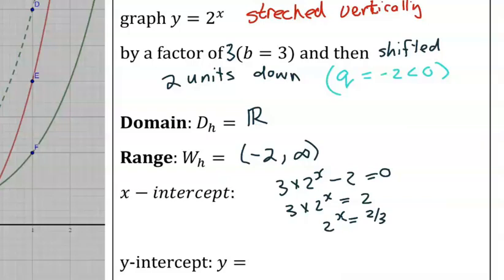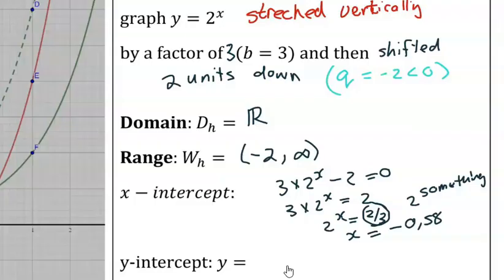If you do that, use your calculator, then you'll see that x is approximately minus 0.58, because you can't write this as 2 to something that you know, but you can use logs to do that.